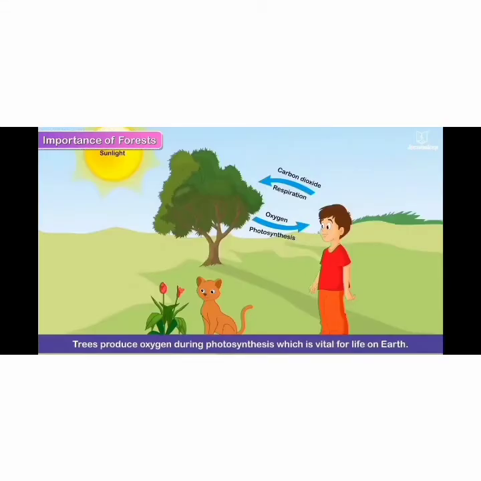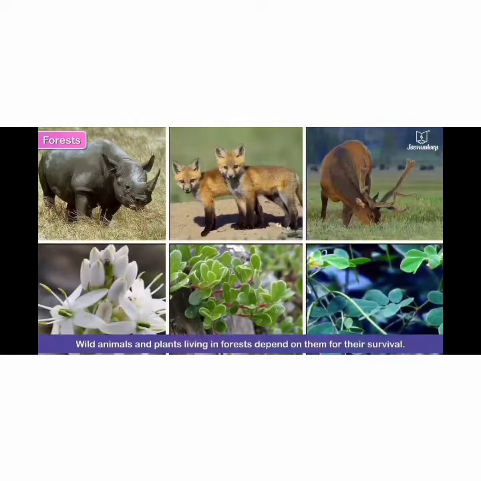The trees supply oxygen to the air. Trees produce oxygen during photosynthesis, which is very important for life on the earth. The forest also provides shelter to many wild animals. Wild animals and plants living in the forest depend on the forest for their survival.